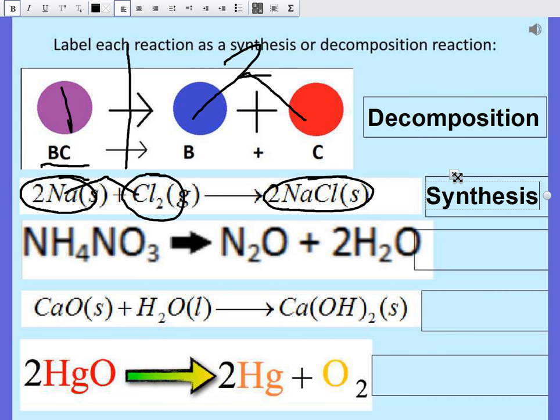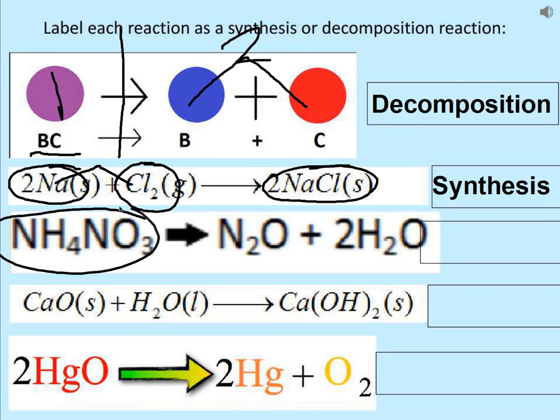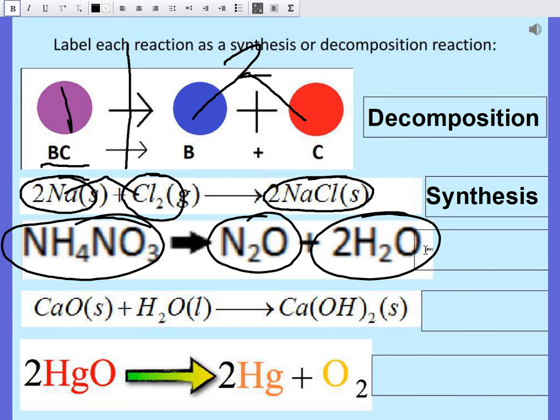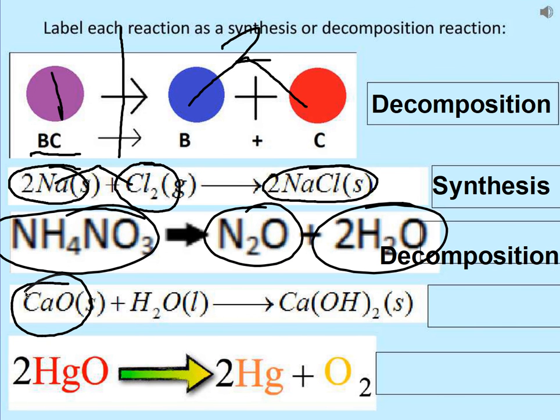All right, and that's a minute, and I think that's enough time, so let's go through our answers here. The first one we have one substance making two. So that would be breaking down, that's called decomposition. The next one we have two different substances making one.